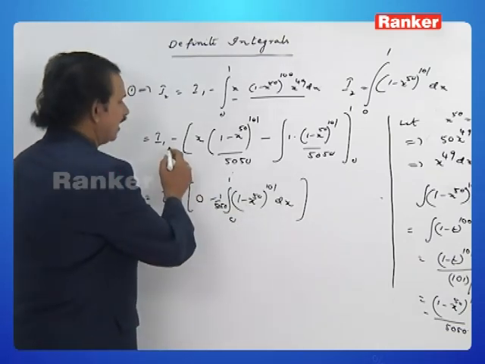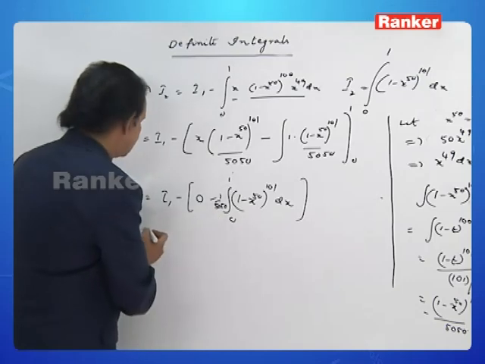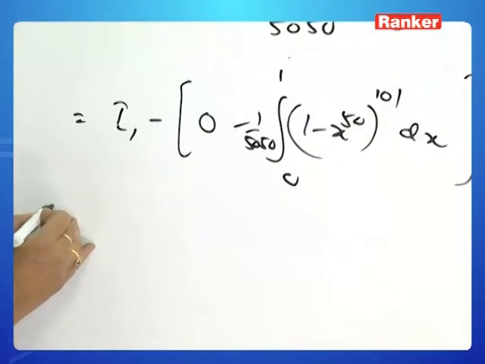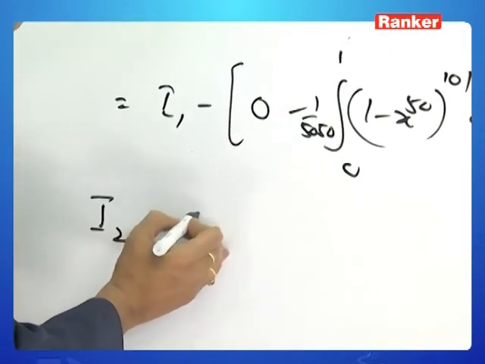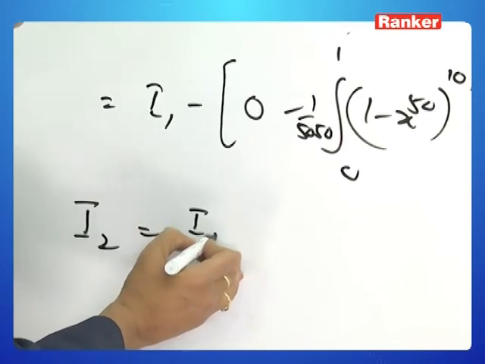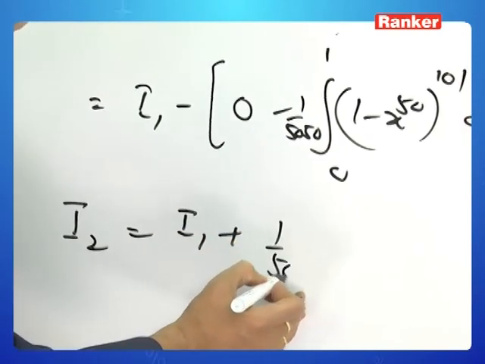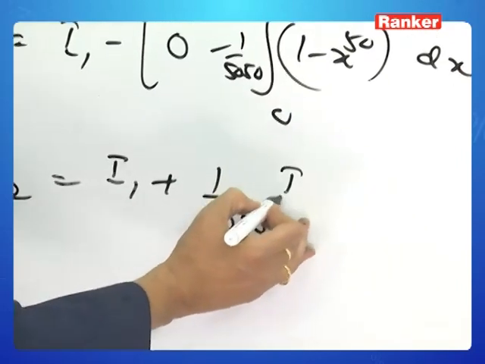Of course, minus of minus is plus, therefore I2 is equal to I1 plus 1 by 5050 into I2.